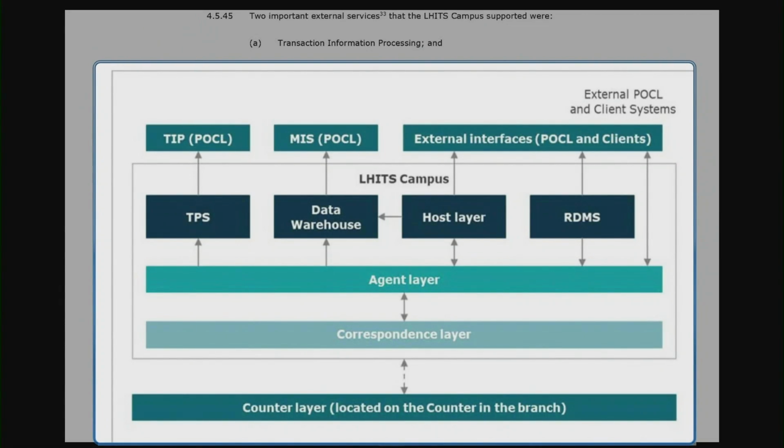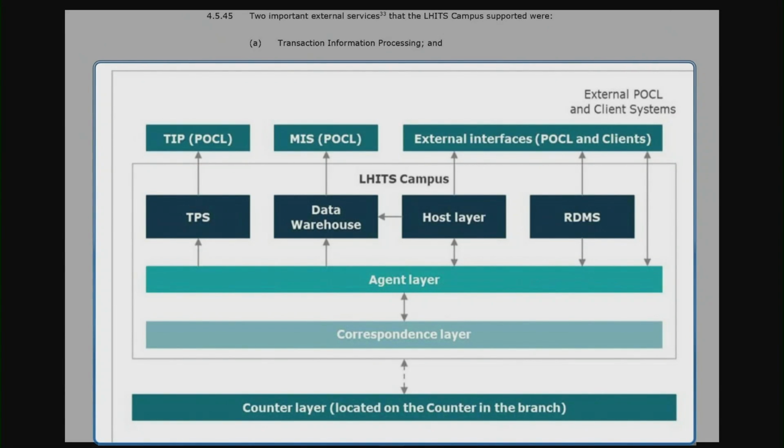Yes. You say in your report that layer and the counter layer shared the use of the Riposte Message Service, RMS, which was a message storage and replication mechanism running on both the correspondence servers and on the counter. Is that right? Yes, that's correct.